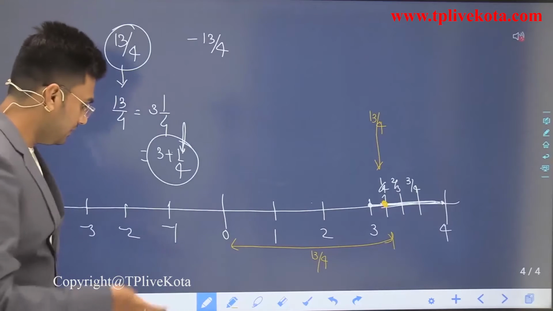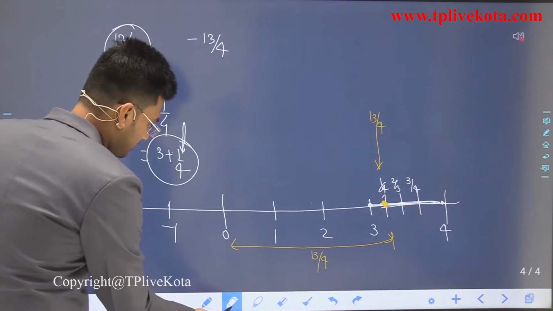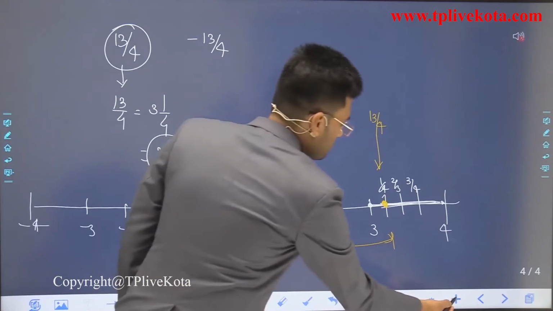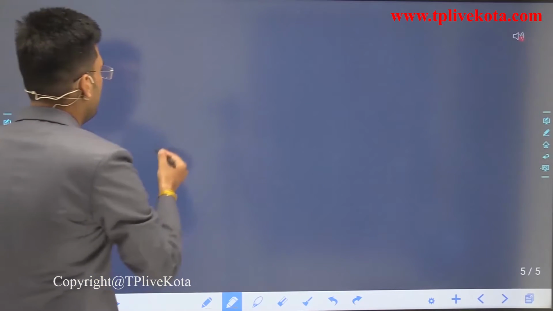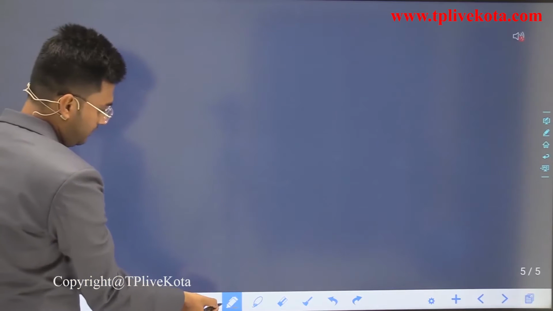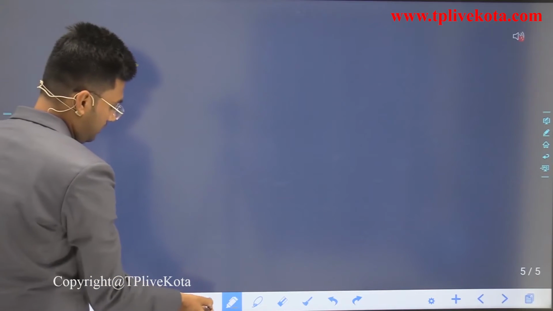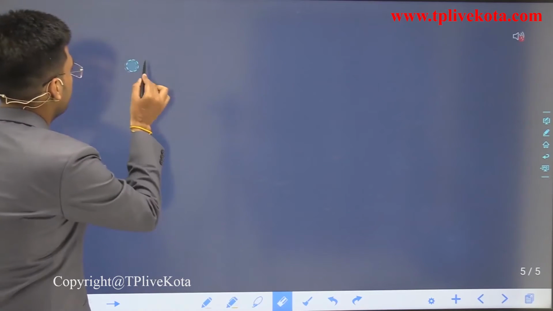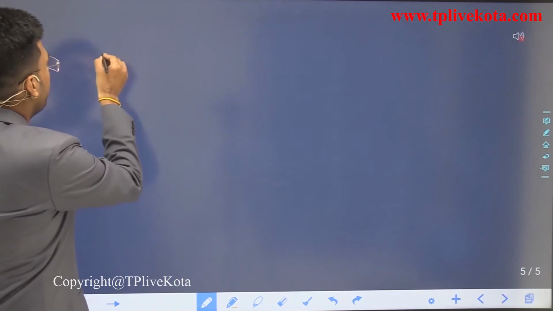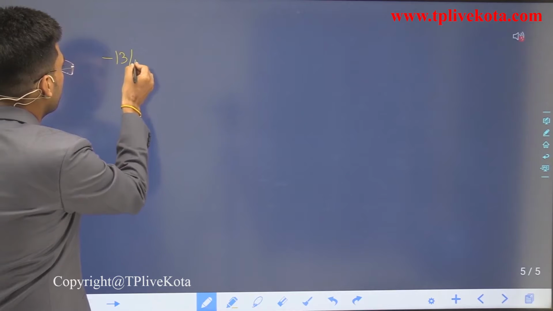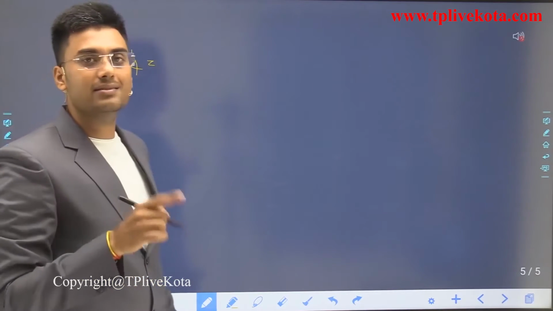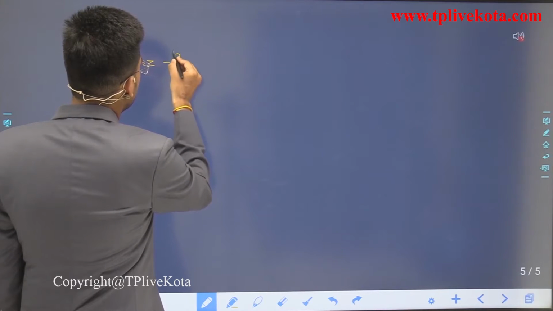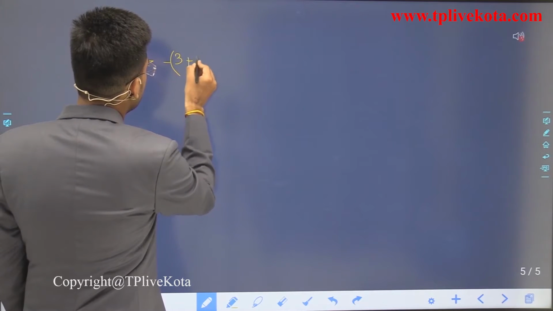Okay, let's see minus 13 by 4. Again we can write minus 13 by 4 as a minus of 3 plus 1 by 4.